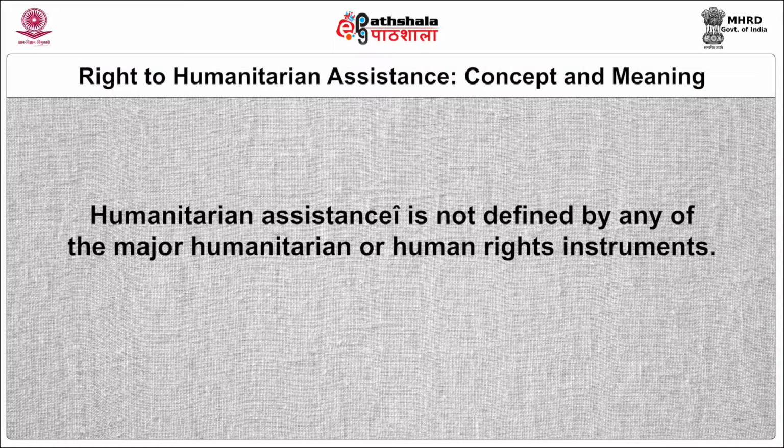Humanitarian assistance is not defined by any of the major humanitarian or human rights instruments. Generally, the term humanitarian assistance will apply to items essential to survival, such as food, water, medical supplies, clothing, and related non-food items, for example water containers, cooking utensils, soap, etc., or the means to immediately obtain any such items, for example cash assistance.